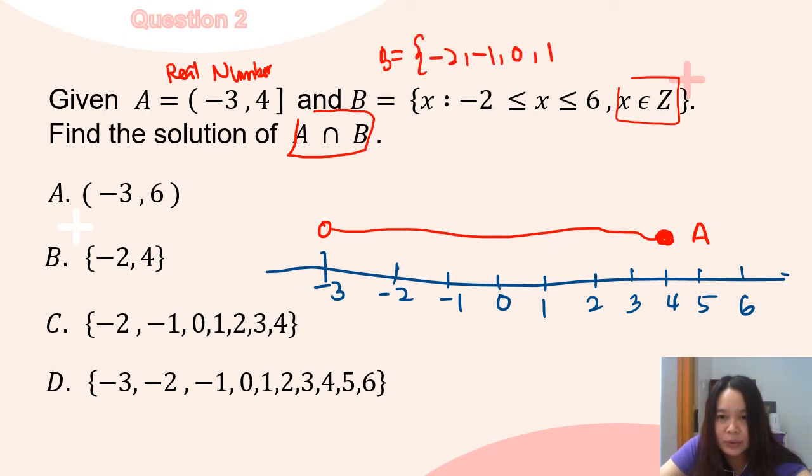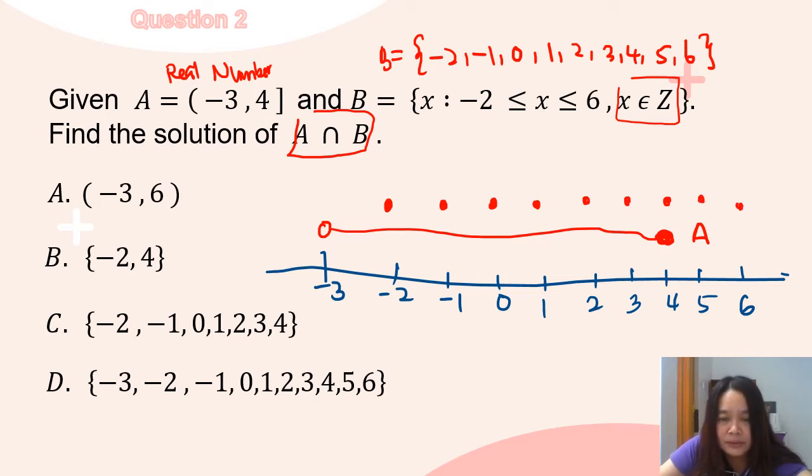-1, 0, 1, 2, 3, 4, 5, and 6. Only these few values. So I draw in my number line -2, -1, 0, 1, 2, 3, 4, 5, and 6.